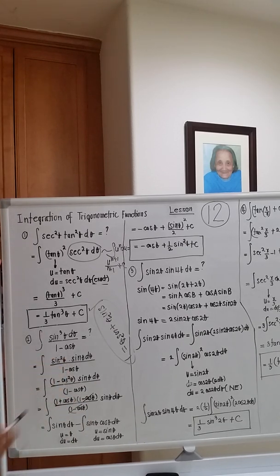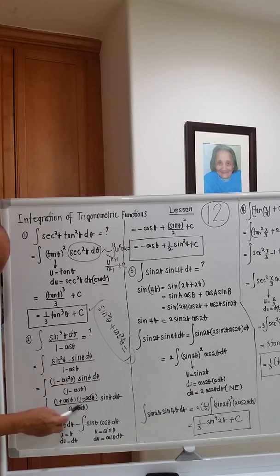1 minus cosine square of theta is a perfect square and can be factored out. It's a factorization in algebra. 1 minus cosine square of theta is actually the product of 1 plus cosine of theta times 1 minus cosine of theta, right? 1 times 1 is 1.